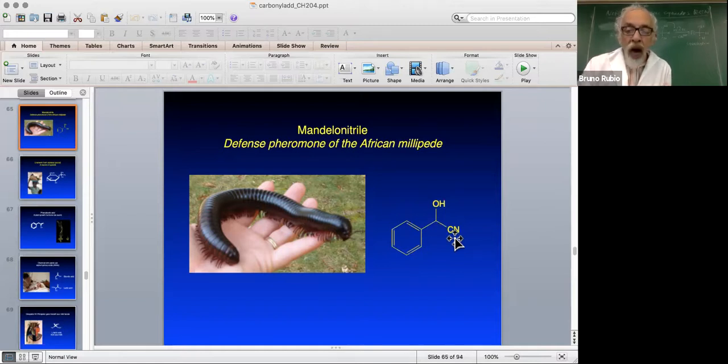And when that mongoose or whatever it is eats this millipede, the mongoose has nitrile lyases in there that are going to clip the cyanide off. And pretty soon that mongoose, as a result of eating this millipede, gets poisoned. So if that mongoose has any sense, next time it sees one of these big juicy worm-like millipedes, it's not going to attack one.